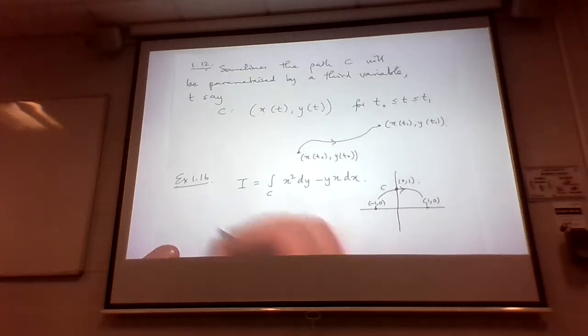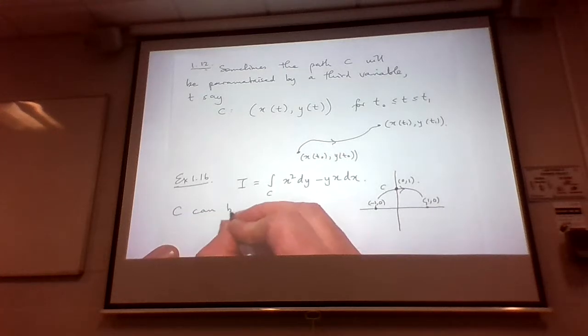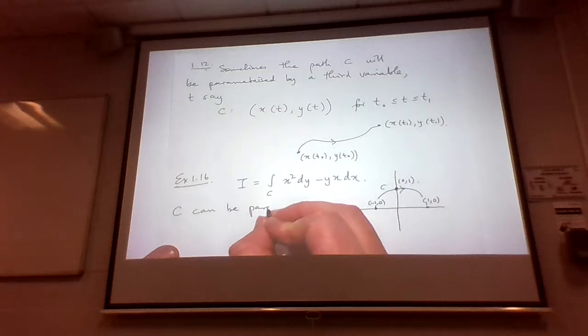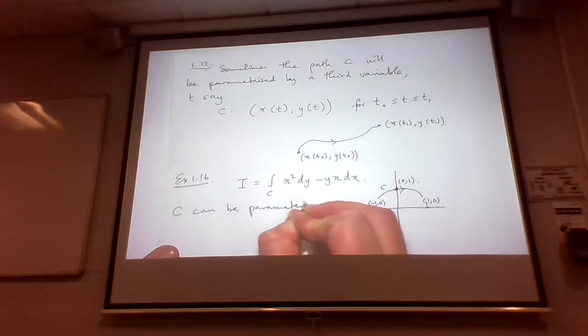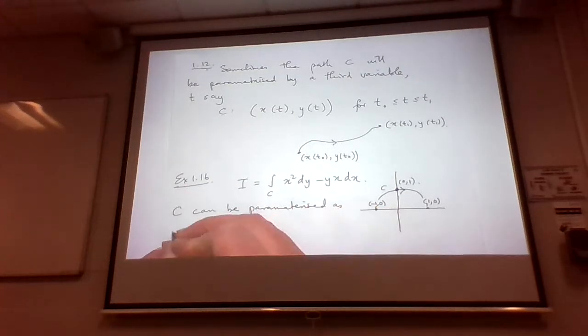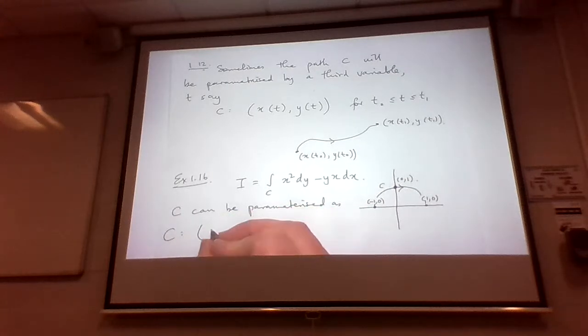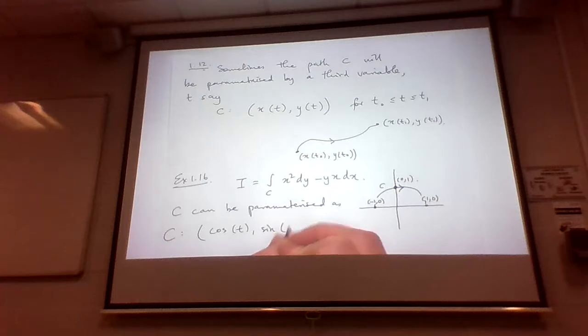But if we're pushed in the direction of parameterizing this curve, then that's kind of easily done. Okay, C can be parameterized so basically cosine t, sine of t. Okay, so the point on the unit circle will have coordinates cosine t, sine t.